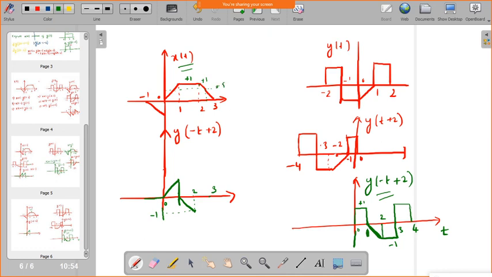So plus 0.5 into minus 1 is minus 0.5, which is here minus 0.5. It will be growing and coming like that. So this is the actual signal, and after 3 the signal will be 0. Anyhow there will be a signal, but the multiplication results in 0.